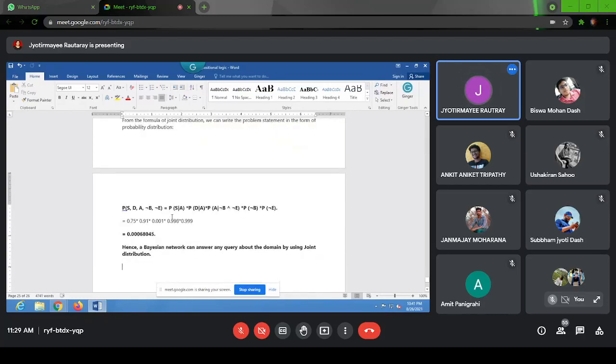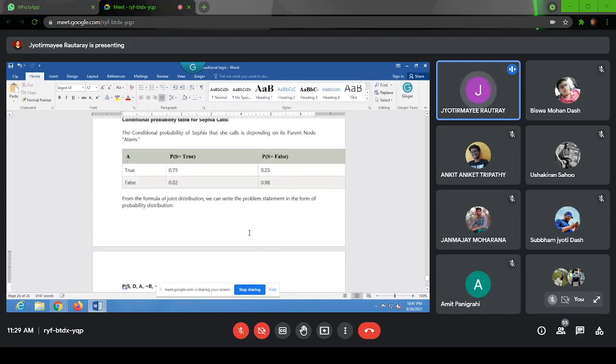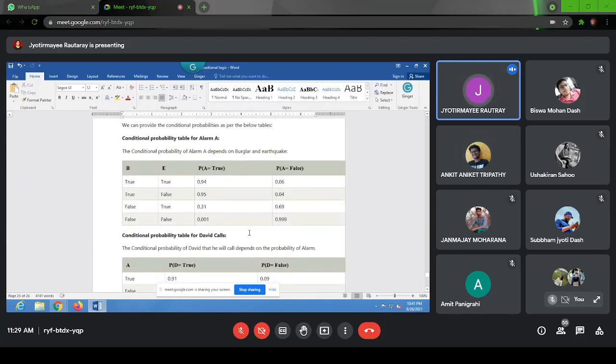So you have to multiply with 0.001 into the probability of negation of B.